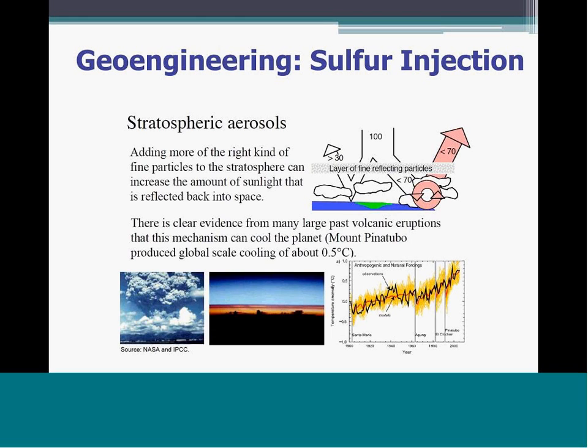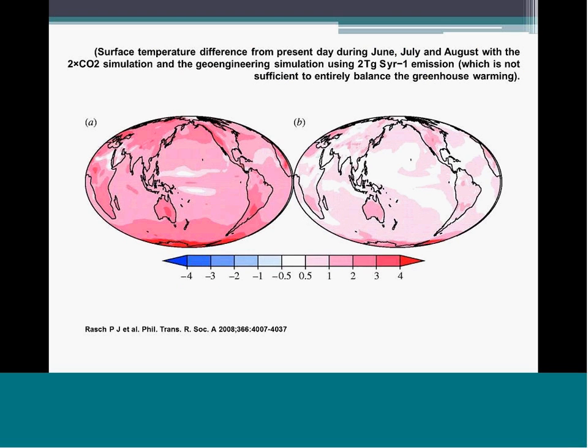It has been concluded that we would need to introduce about 5 trillion grams of sulfur dioxide aerosols into the atmosphere to offset the warming impacts of a doubling of atmospheric carbon dioxide levels from pre-industrial levels. And this is the study that shows what that impact would be.